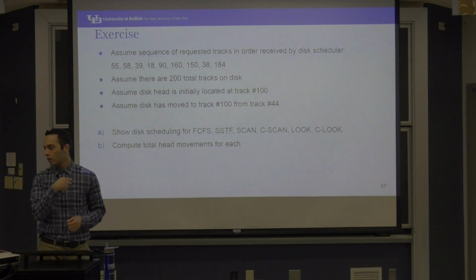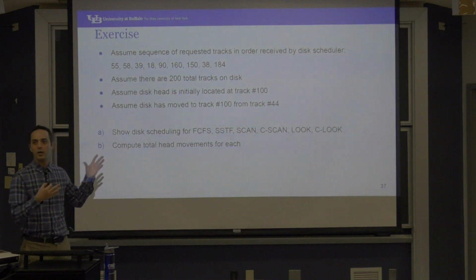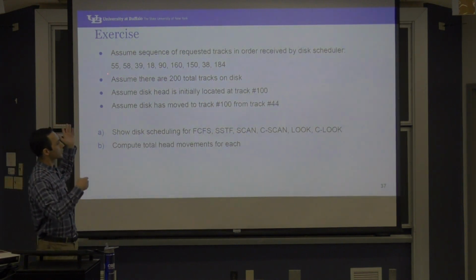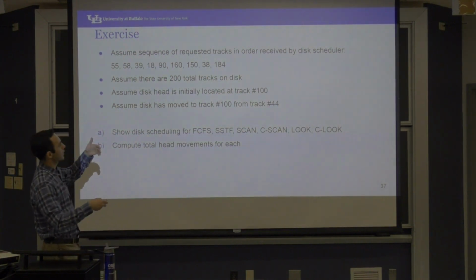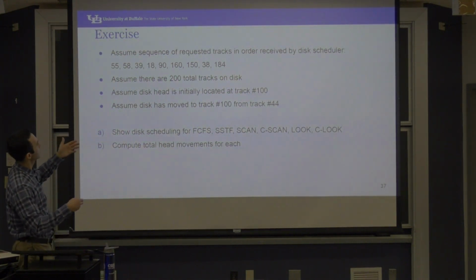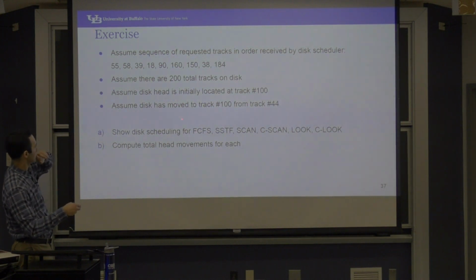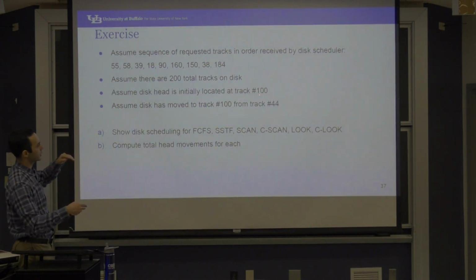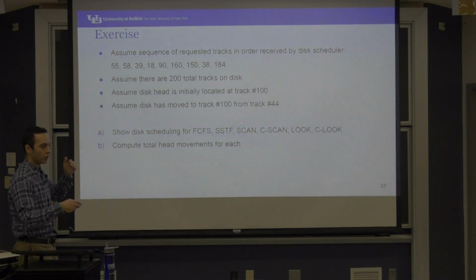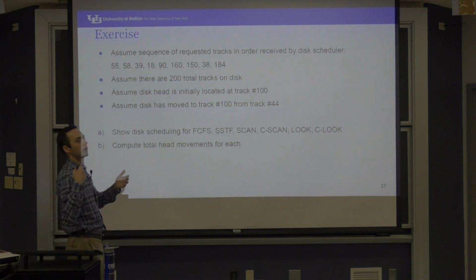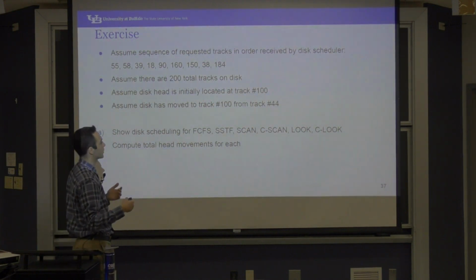All right. So again, the type of questions that you get on these is just like that. You have a request queue, and then you are usually given where the head is. So assume the disk is located at track number 100, and it has moved from 44. That also gives you the direction of the previous arm movement, right?